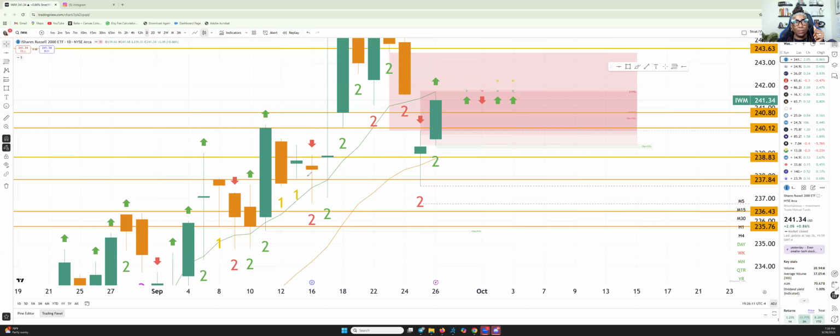You've got a 2 down candle, which basically means this candle is lower than its previous candle to the downside. The bottom part is lower than its previous candle. That's a 2 down.